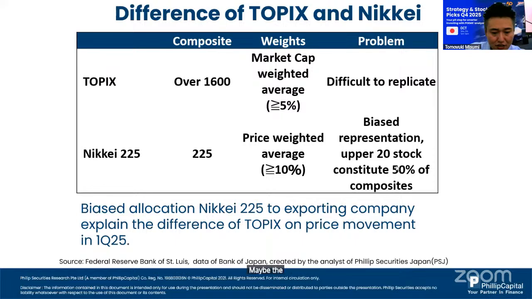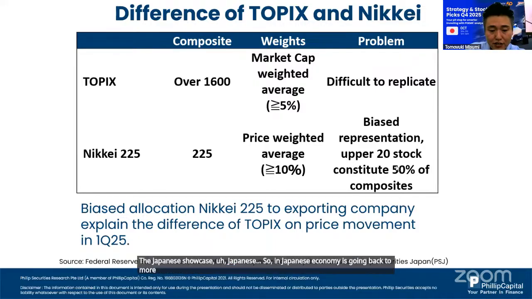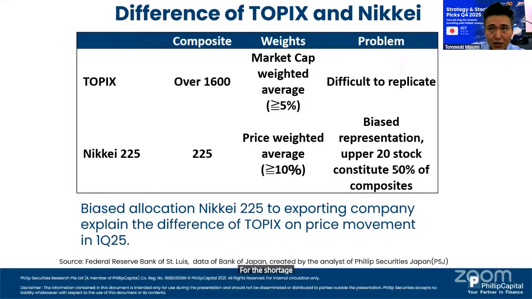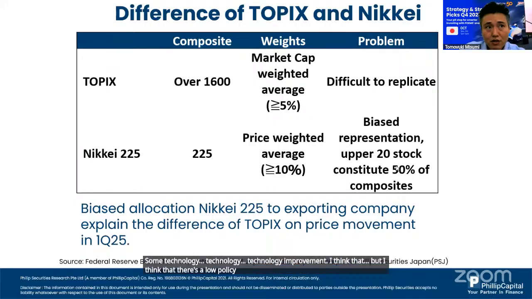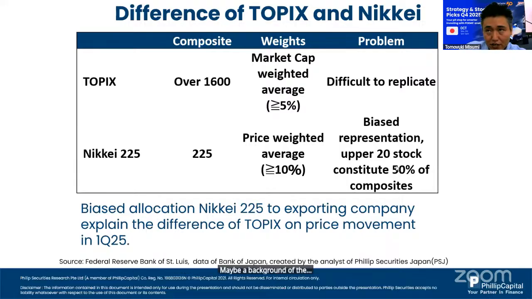Maybe the market is overheating too much, but I think that at every ratio level, the Japanese stock market and economy are going back to more efficiency, with the shortage of labor being supplemented by some technology improvement. But I think the low policy rate, or low interest rate, may complement the background of the wage decrease.